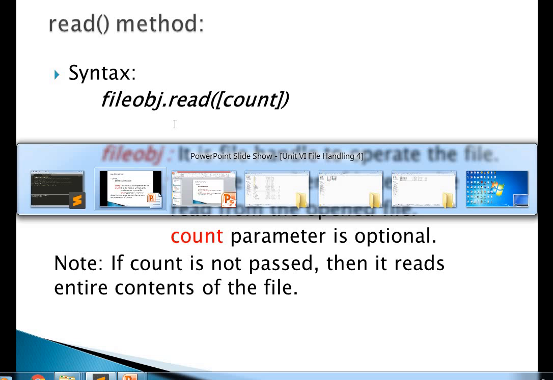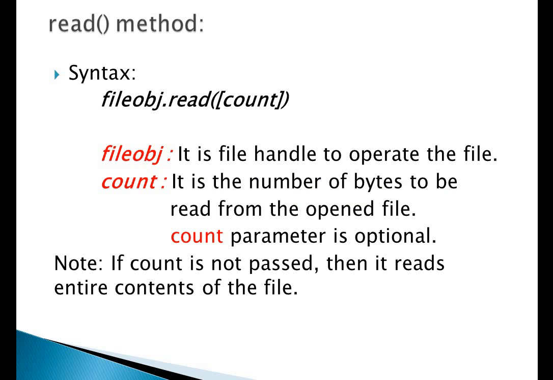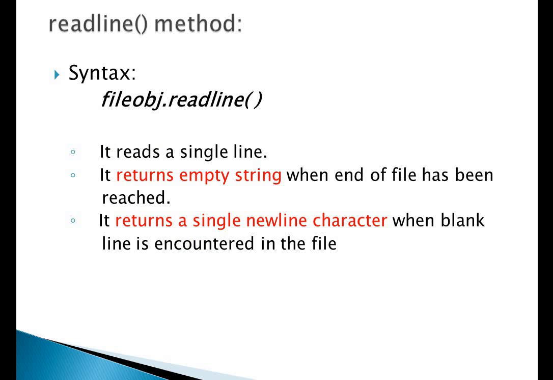Next method we are using for read purpose, readline. It reads a single line at a time. Whenever the end of the file has been reached, the readline function returns an empty string.